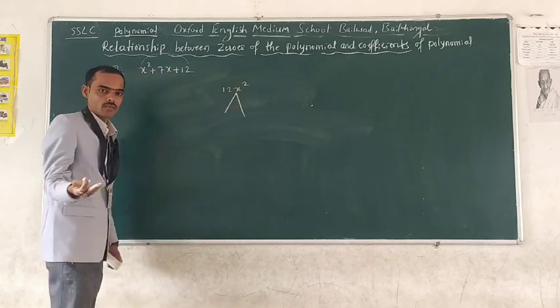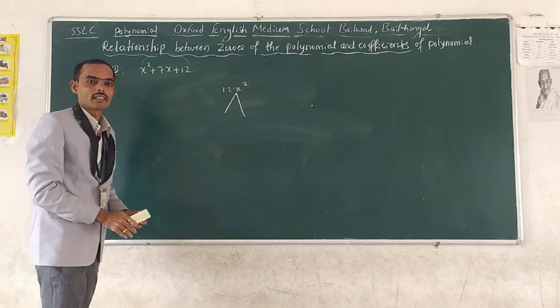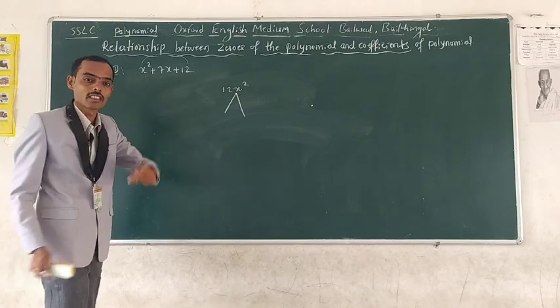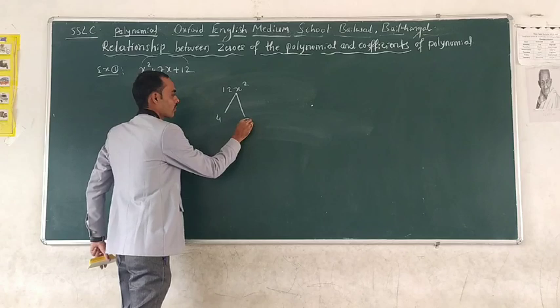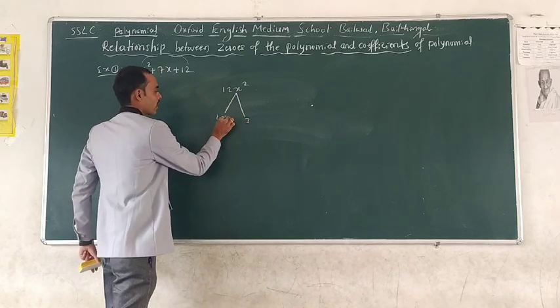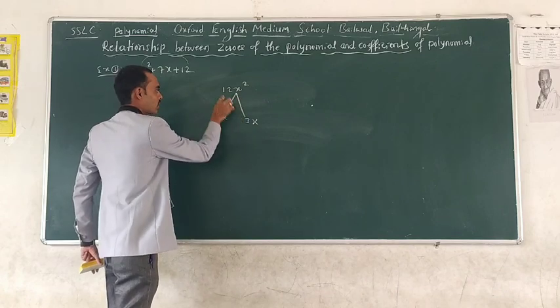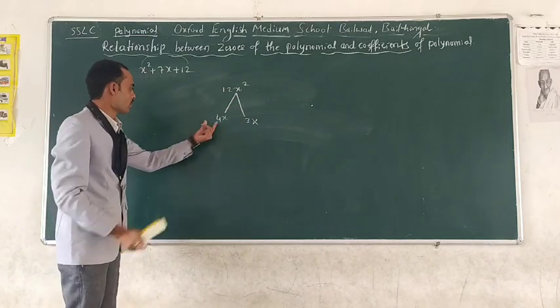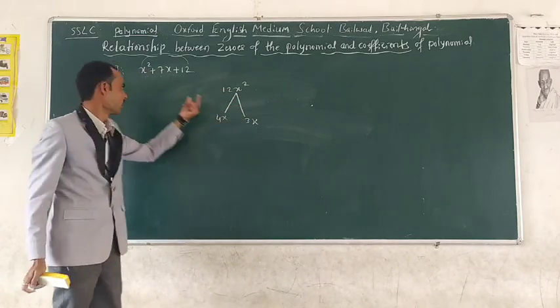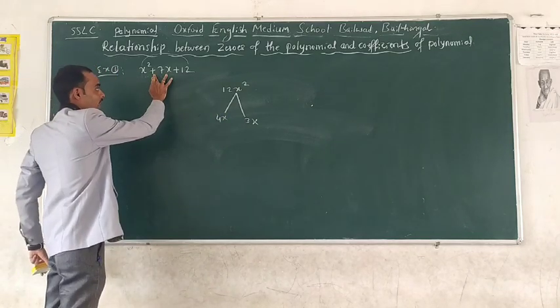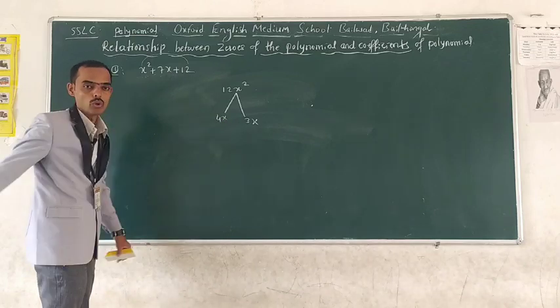Split into two terms such that if we add them, we get the middle term. I will take two numbers, 4 and 3. 4 threes are 12, and 4x plus 3x is 7x. So instead of 7x, we can write these two terms.